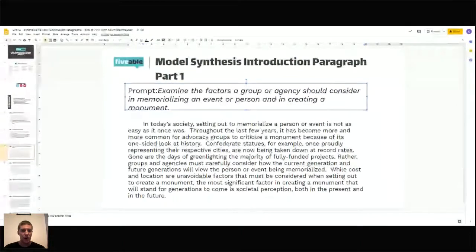While cost and location are unavoidable factors that must be considered when setting out to create a monument, the most significant factor, this is my thesis by the way, the most significant factor in creating a monument that will stand for generations to come is societal perception, both in the present and in the future.